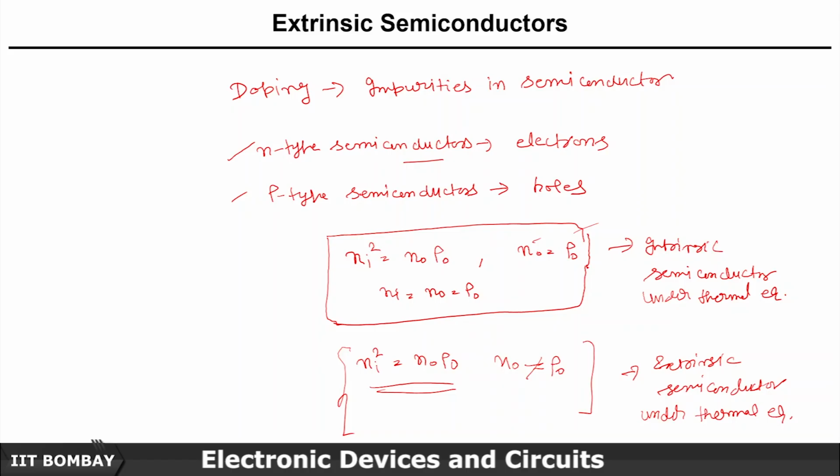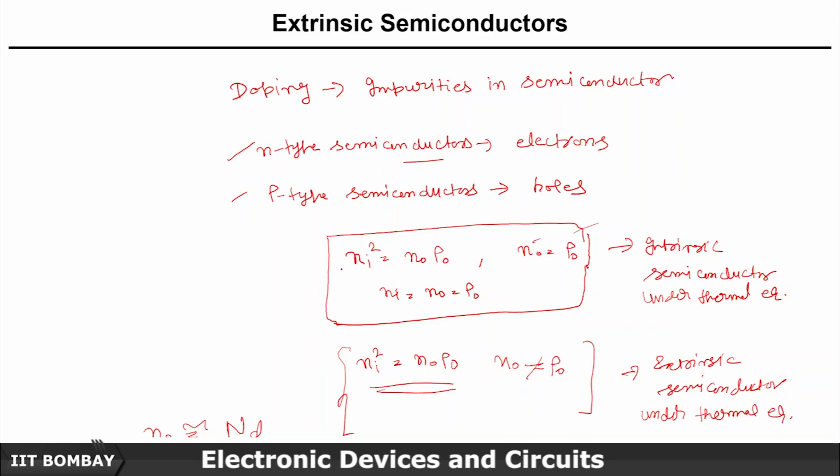So from this relation, if we know the level of impurity, we can calculate one charge carrier concentration. For example, let's say it's n-type doped. The number of electrons would be largely equal to the number of donor dopants, so you can replace n0 with Nd, the dopant atoms, and then you can calculate p0.